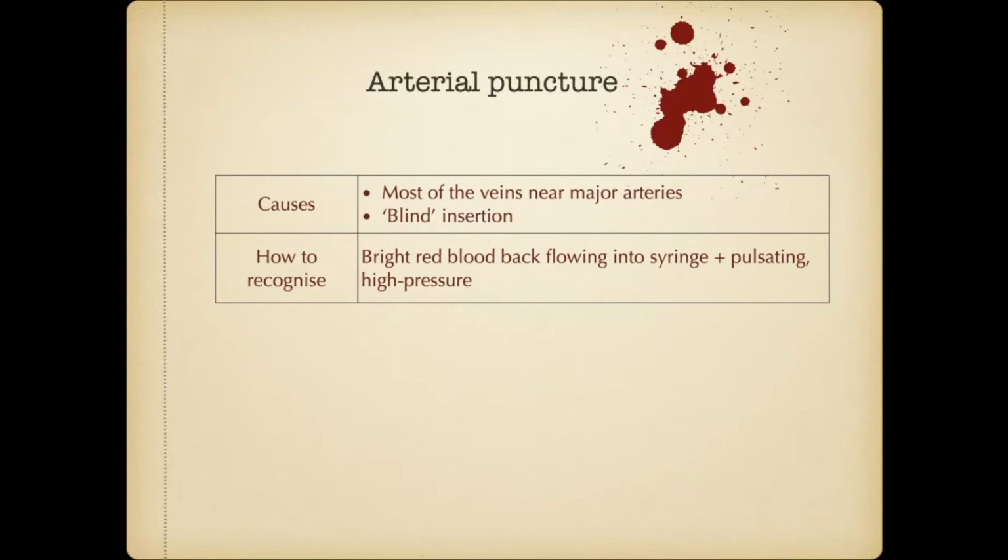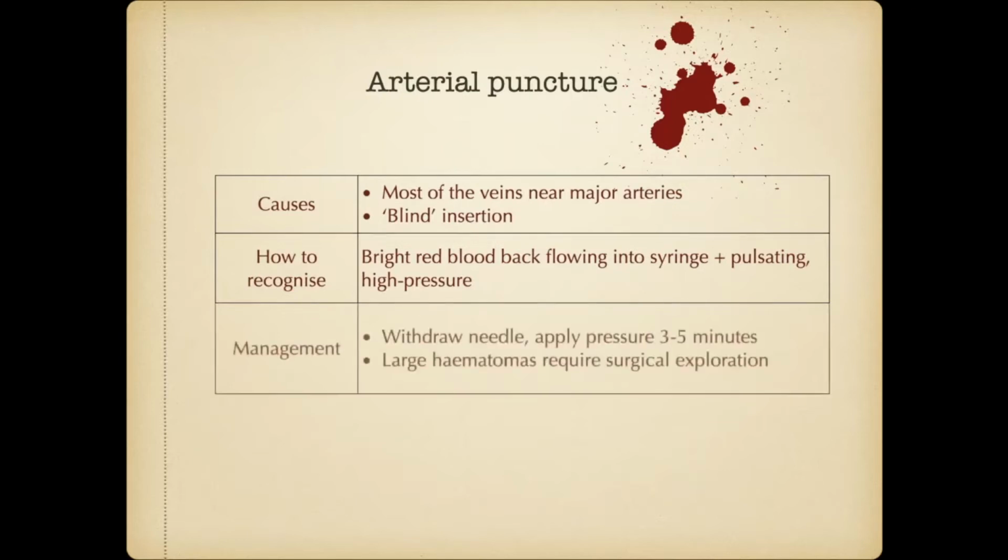Hence it might appear as dark as venous blood. How to manage it? We must withdraw the needle and compress. And sometimes, even in large hematomas, it might require a surgical exploration.